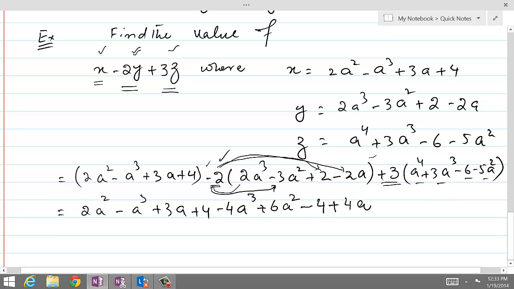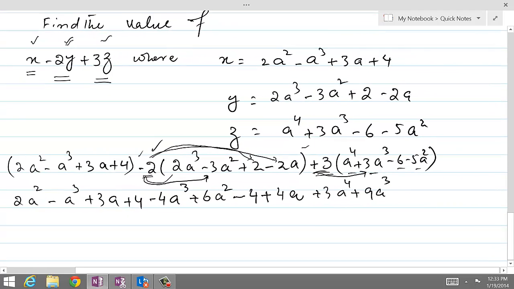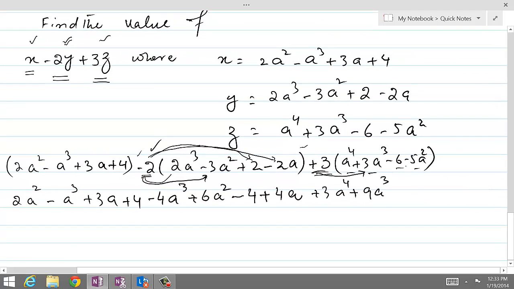So plus 3 times a⁴ will give us plus 3a⁴, and plus 3 times plus 3 will give us plus 9a cube, and plus 3 times minus 6 will give us minus 18, and plus 3 times minus 5 will give us minus 15a square.